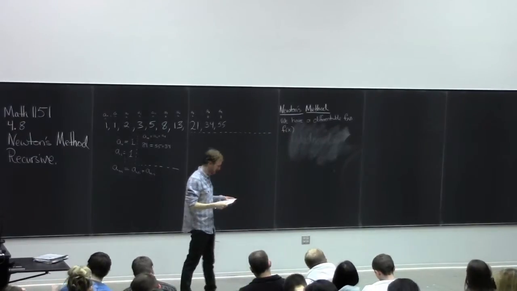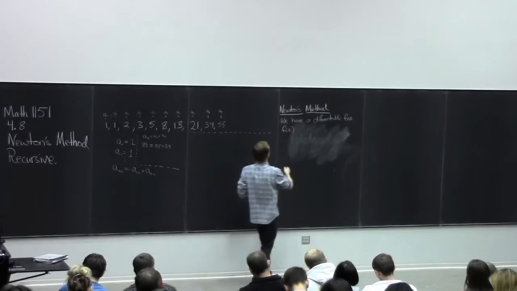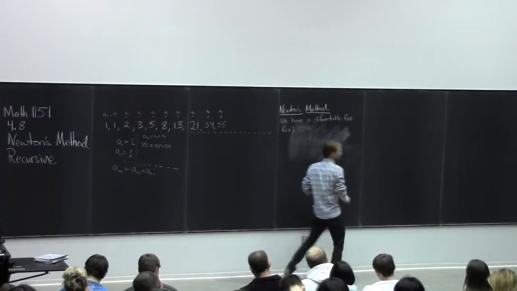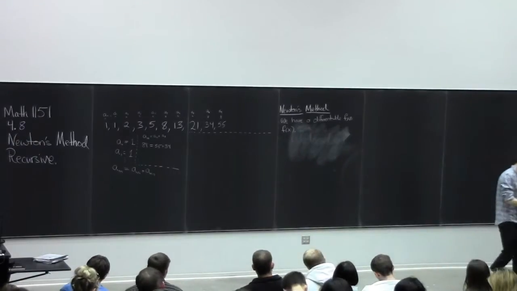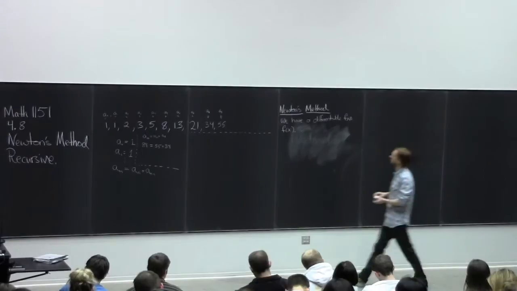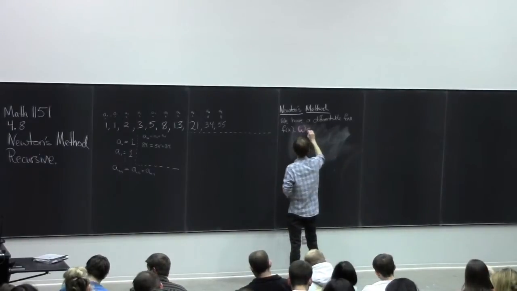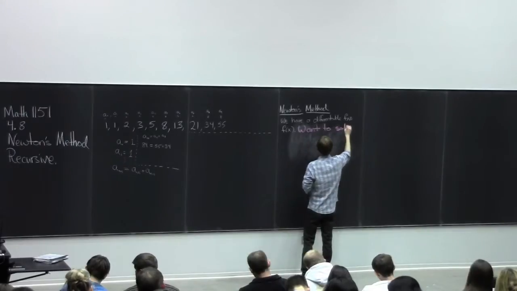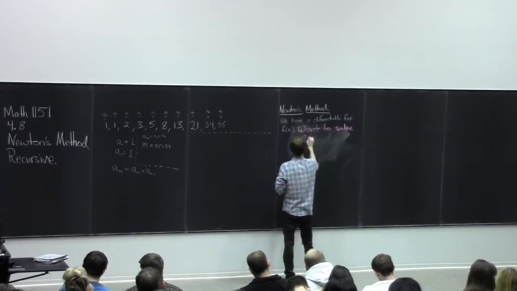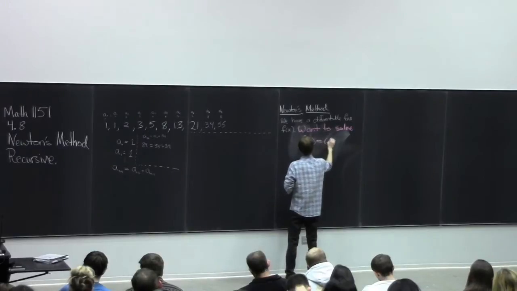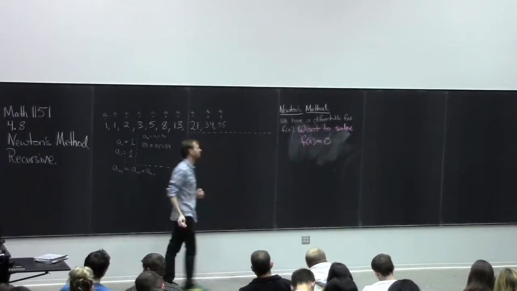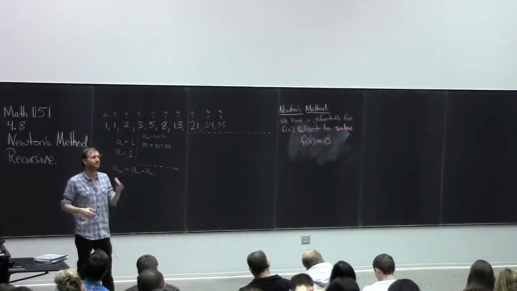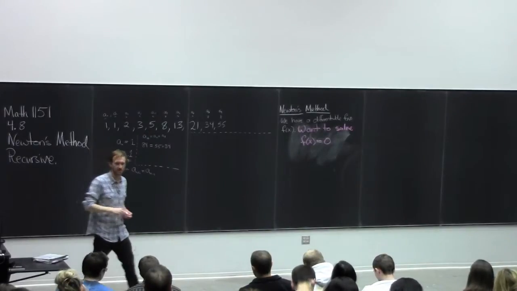We want to solve, we're going to write this in pink, f of x equals 0. Newton's method is about solving equations.